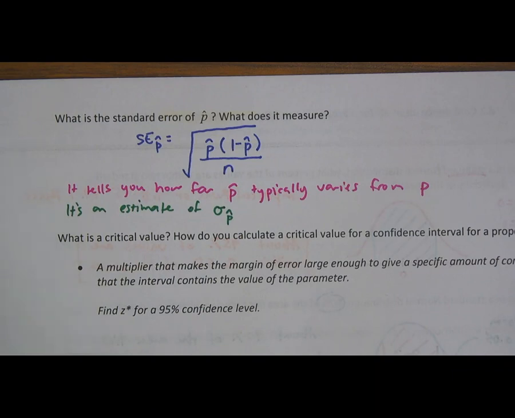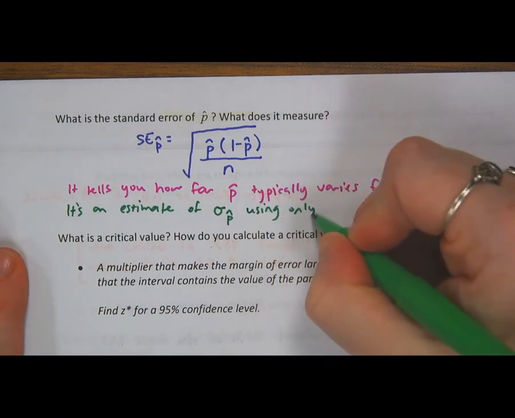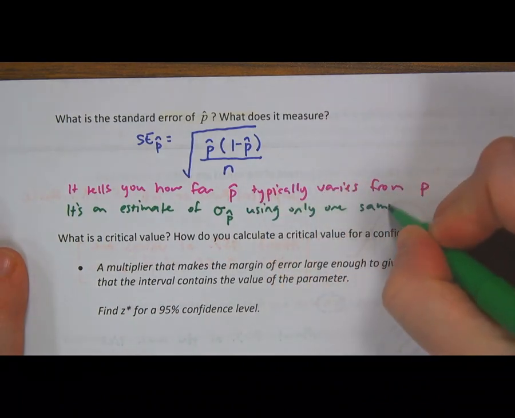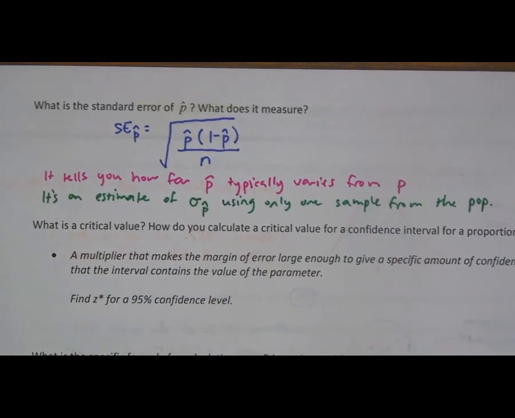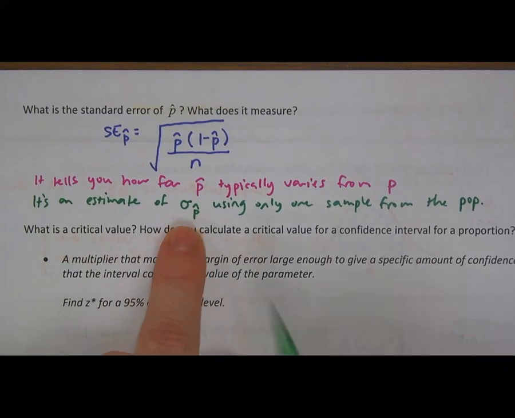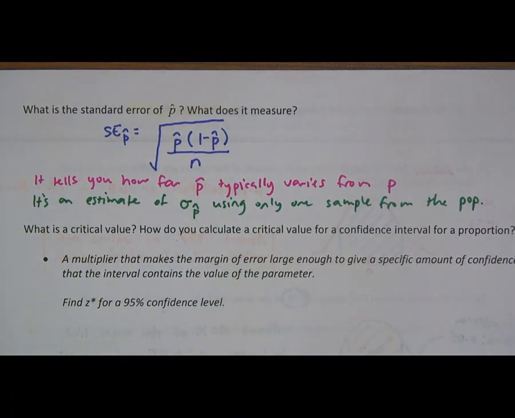But it's an estimate because we're using only one sample from the population to crunch the numbers. The formula for the standard deviation, you go into knowing the population proportion. The standard error helps us estimate that with only one sample.